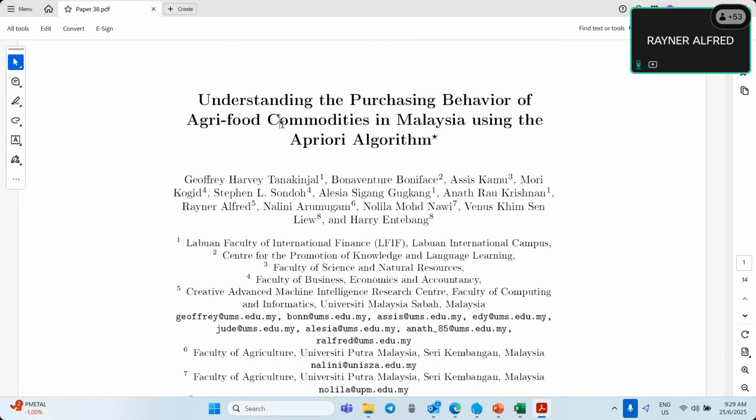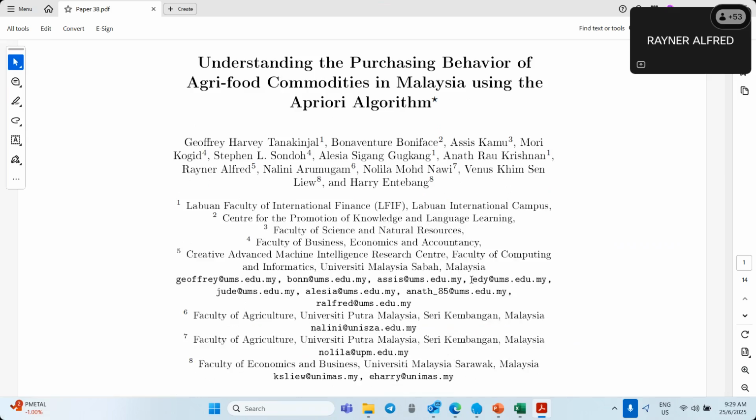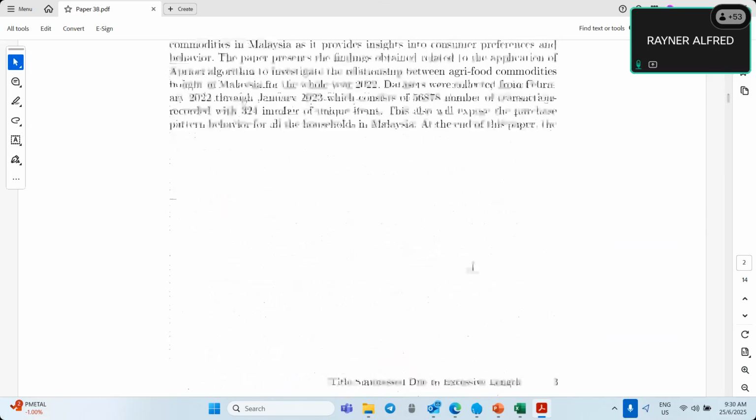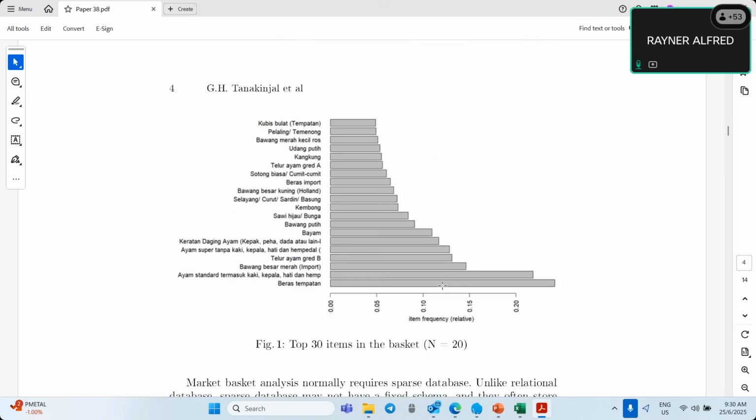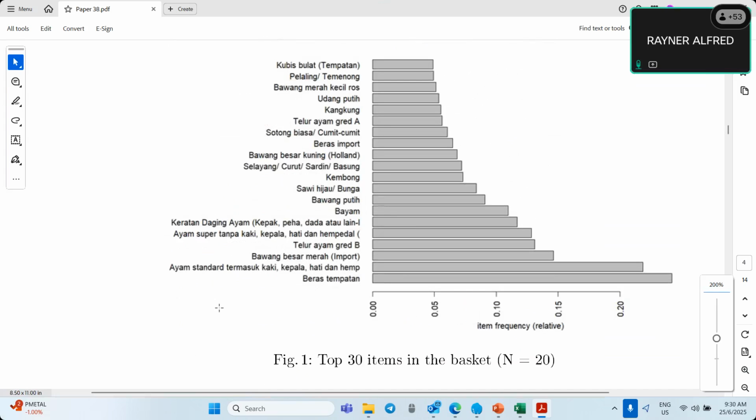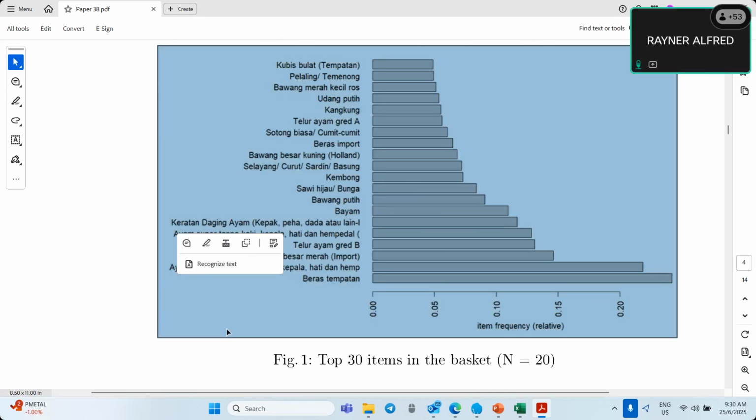This is fresh agro-food, fresh agriculture food. Beras tempatan is the most frequent one, followed by ayam and so on. This is the top end.